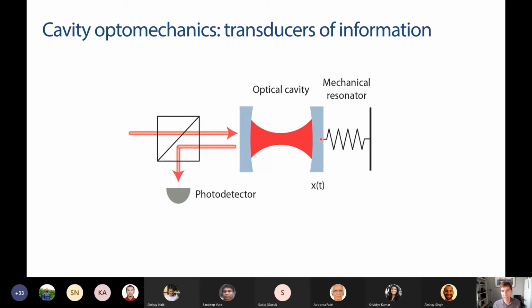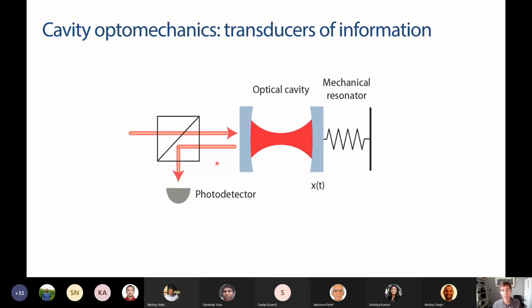And similarly, if this mirror is moving, it will modify the reflection of this cavity as a function of time as that mirror moves. Okay, and so just to understand the physics of this, you just need to understand how like LIGO works, for example, where you have a huge interferometer and it's being mechanically deformed, and that's changing the optical response of that interferometer. And this is really no different.